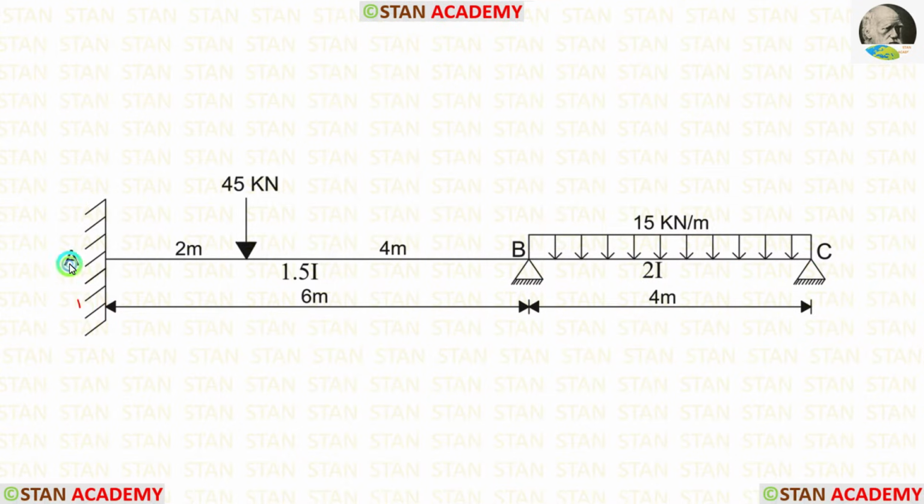In the point A, we are having a fixed support. In the point B and in the point C, we are having hinged supports. Span AB is 6 meter long and span BC is 4 meter long. The moment of inertia for the span AB is 1.5 I. For the span BC, the moment of inertia is 2 I.